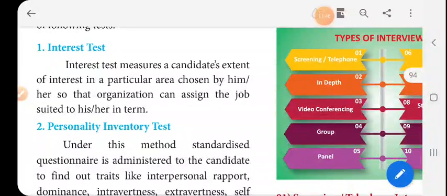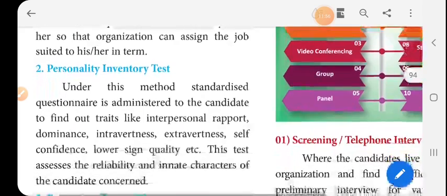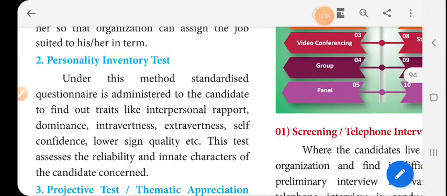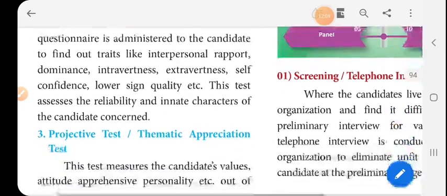Then, personality inventory test. In this method, a standardized questionnaire is administered to the candidate to find out traits like interpersonal relations, dominance, introversion, extroversion, and self-confidence. This test assesses the reliability and innate characters of the candidate concerned.